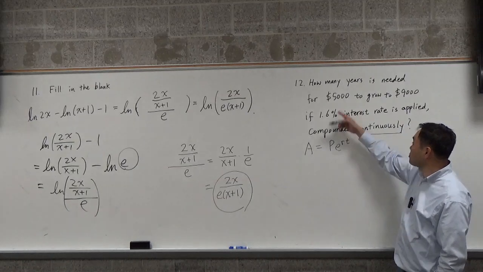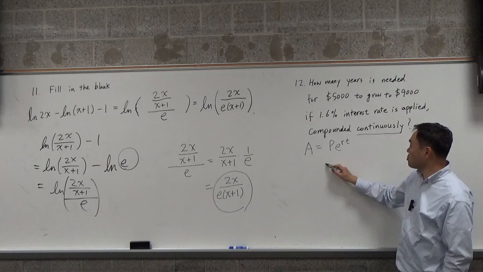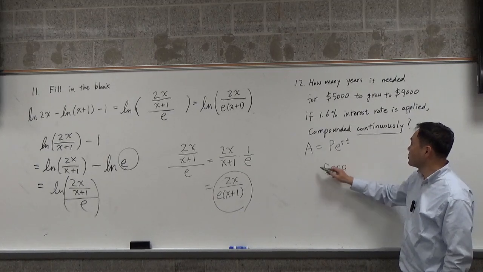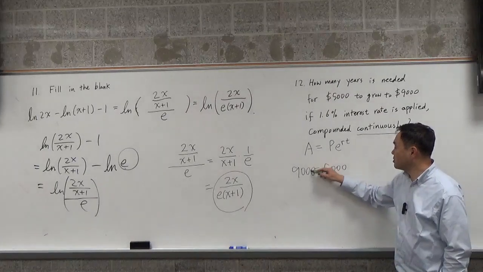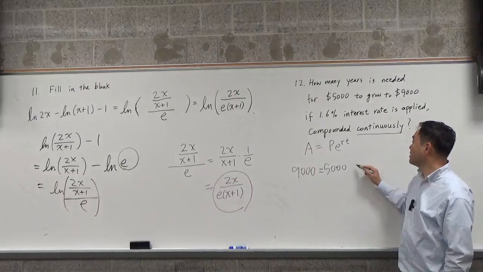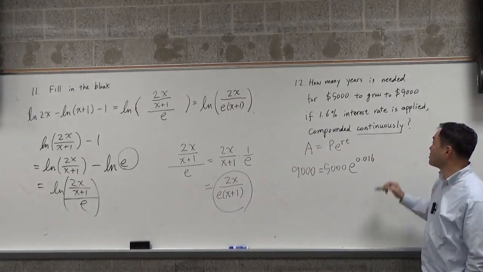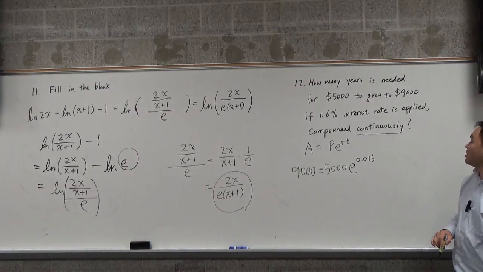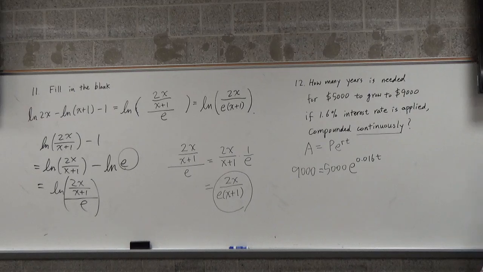You have to now just plug in everything and this should be fine. So your 5,000 is your principal. 9,000 is the future value. And then r is 0.016. T is the unknown time.